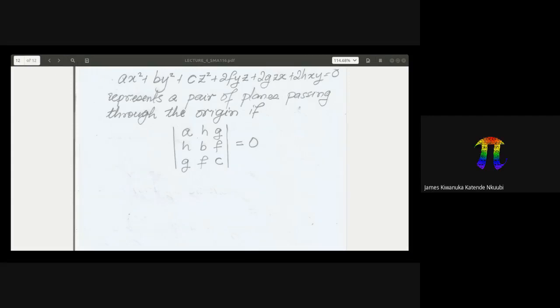So another reason maybe you've not understood is you need to have read the previous notes. Some of the information we are using now is in the previous notes. So if you haven't read them, even if I share the video again, you will not understand. So you need to read the previous notes, because some of the information is from there.